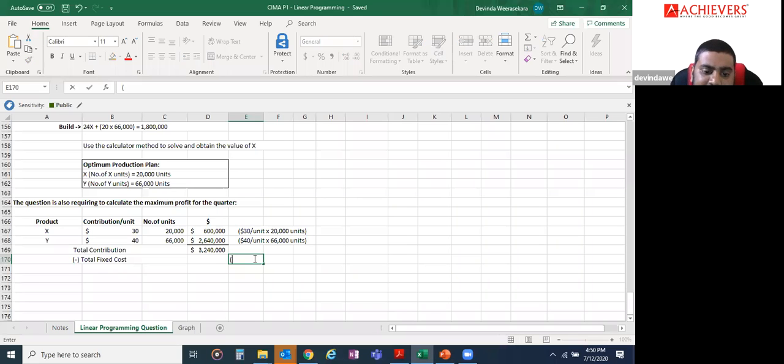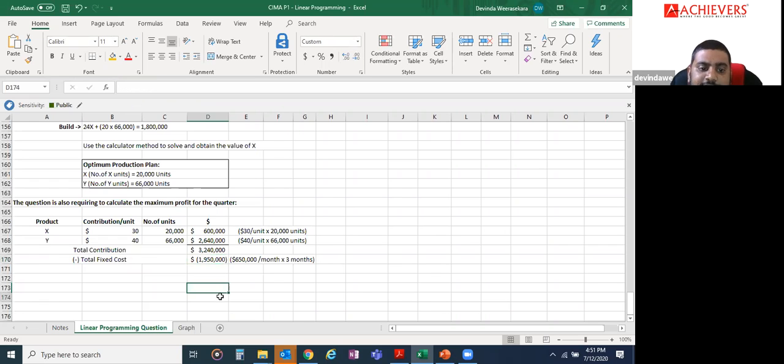So for 1 month, if the fixed cost is 650,000, then for 3 months, how much will it be? That's the calculation. Clear? That will be 650,000, I'll put a minus here, into 3. 1,950,000.